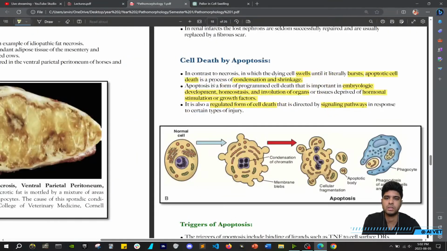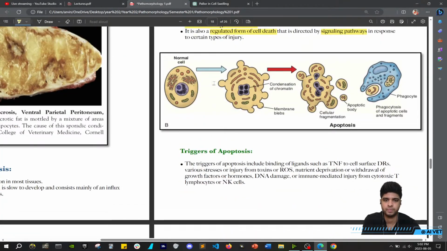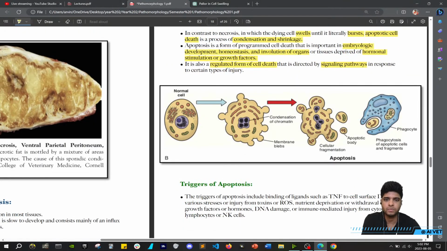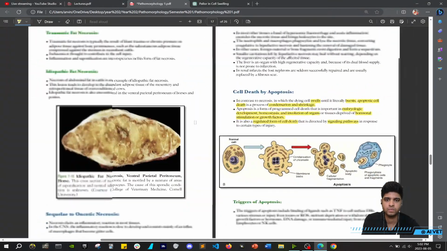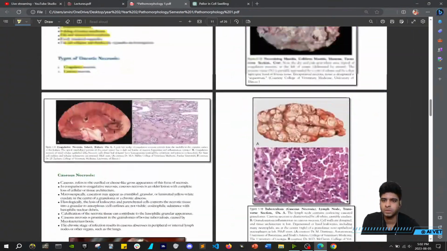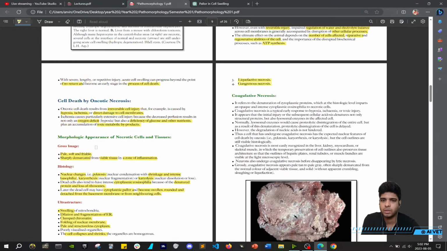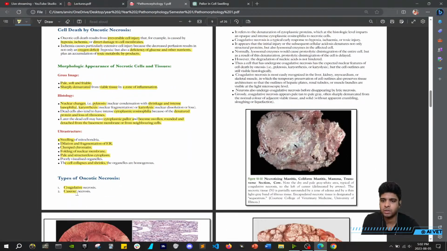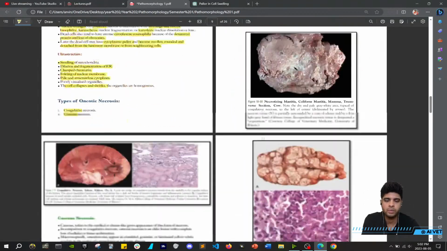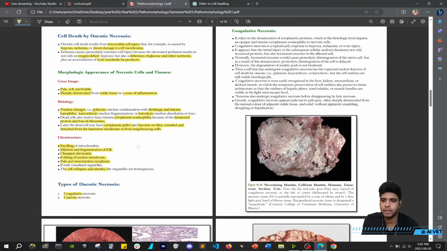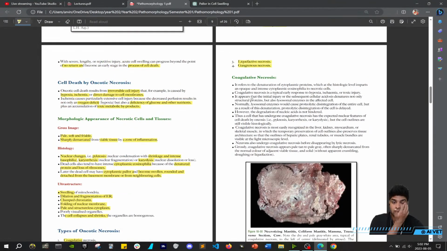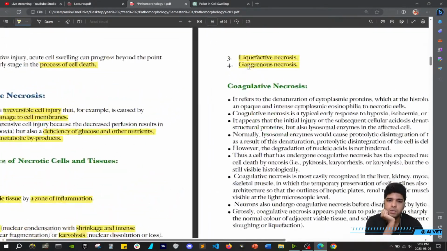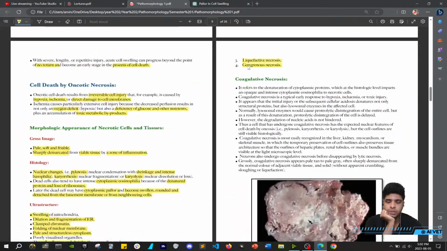In necrosis it's the other way around. We haven't done necrosis yet, so when we do, we can see about that. Coagulative, caseous, liquefactive necrosis, and then gangrenous necrosis.